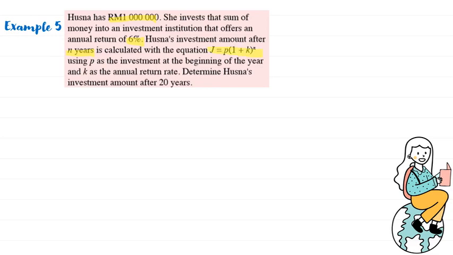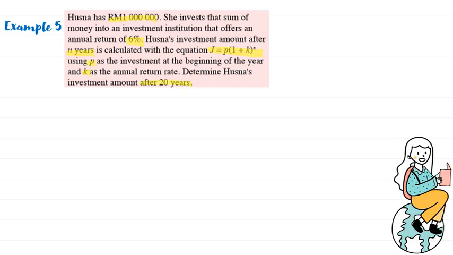This is the formula, using P as the investment at the beginning, so P is 1 million, and K as the annual return rate. So K is 6%. Determine Husna's investment amount after 20 years.